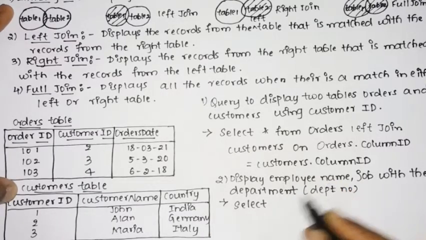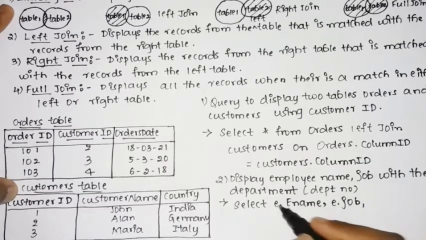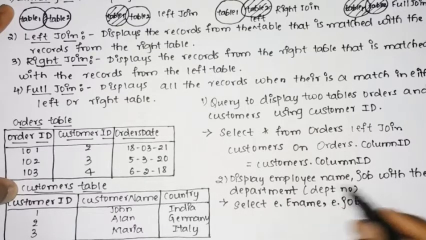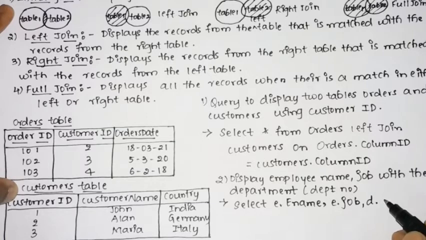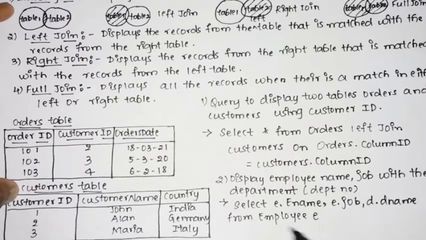So select e dot employee name, comma, then after that you need to display the job also, so e dot job, then comma, then the department name, d dot d name, which is nothing but the department name, from employee E. You can directly write select e name, comma job, but to perform the join we have considered select e dot e name, comma e dot job, comma d dot d name from employee E.